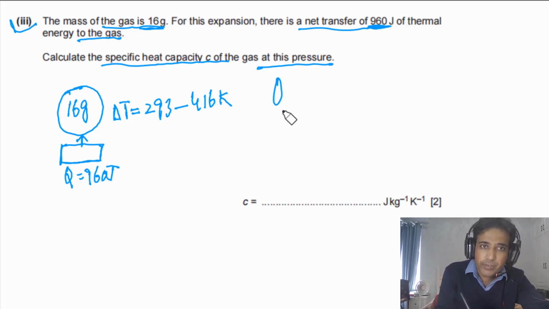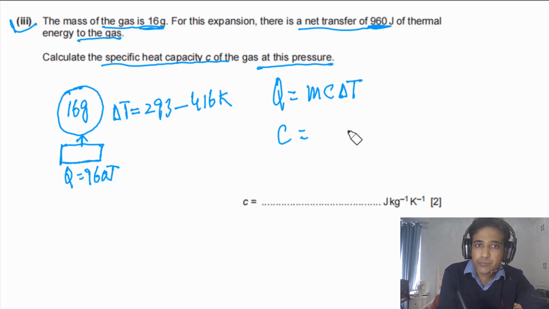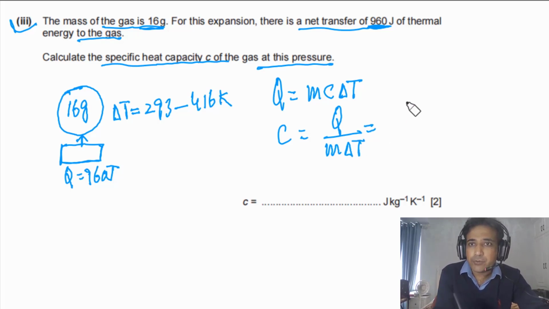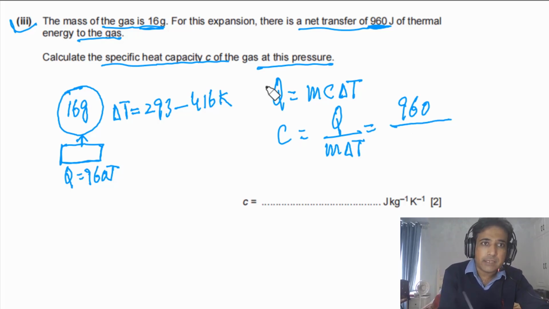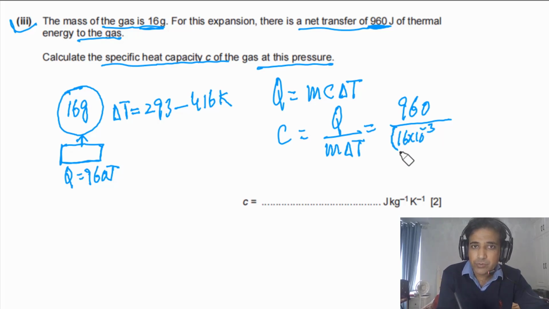So simply now we can write down Q is equal to mc delta T. We need to find out value of C, so that will be equal to Q divided by m times delta T. Value of Q is 960 joules, and the mass is 16 grams. It means 16 times 10 to minus 3. We have to use SI units, and the change in temperature we have, that is 416 minus 293 Kelvin.